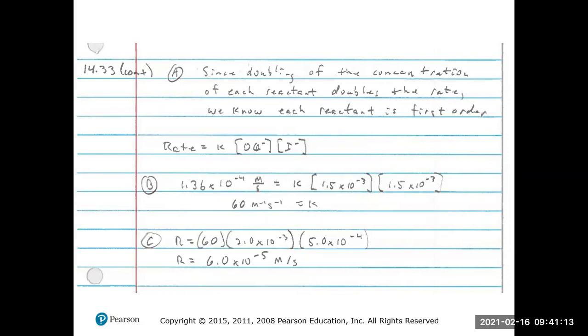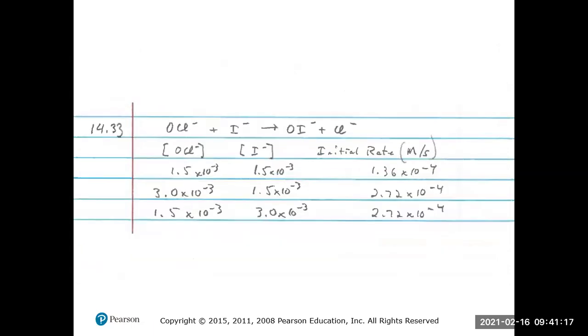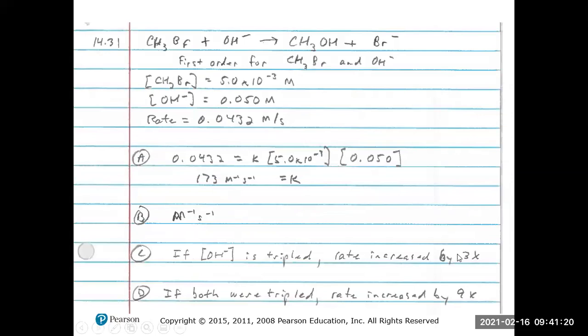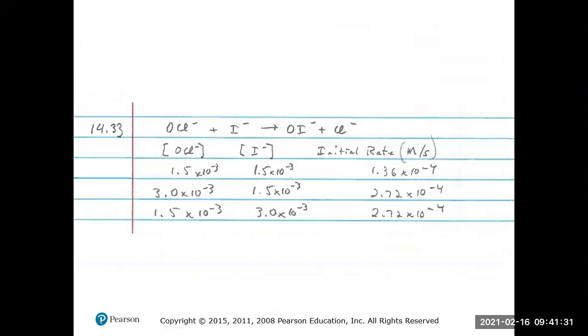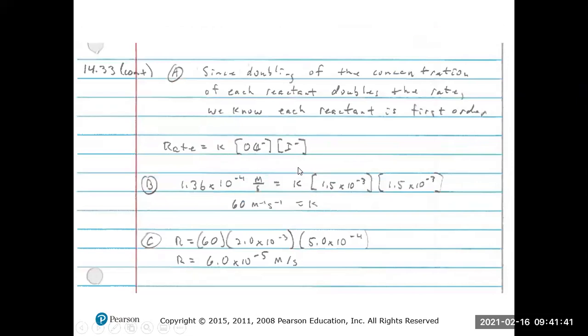We know this because of the question we answered back here, when we said if both are tripled, the rate increased by 3. If OH is tripled, it increases by 3, and if they're both tripled, it increases by 9. We see that direct relationship, and we saw it here: doubling the concentration equals doubling the rate for each of those reactants. So that's how we knew that these were each first order reactants.